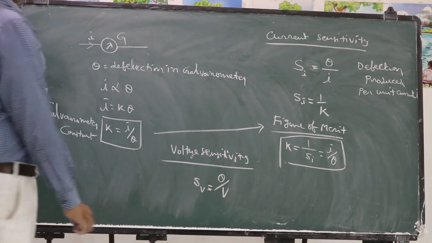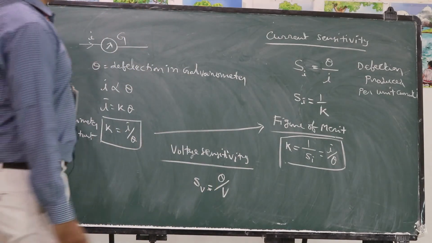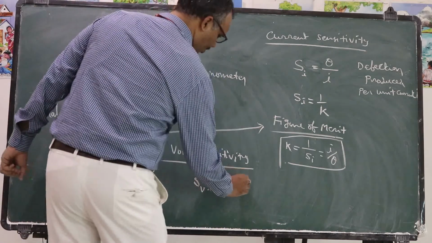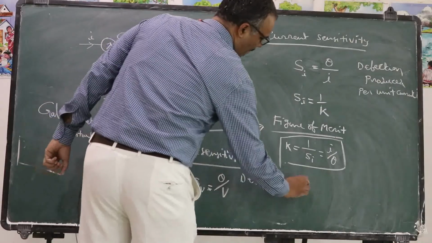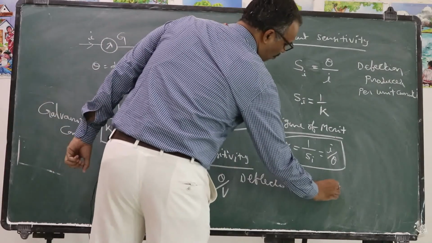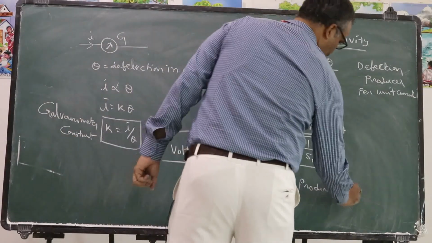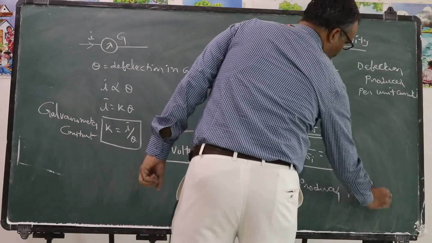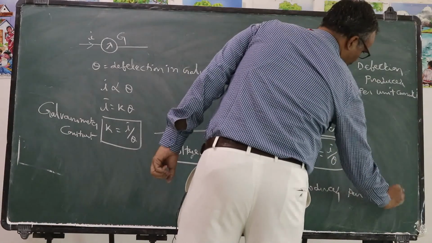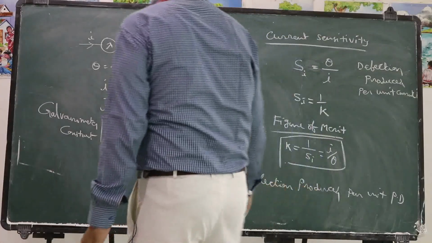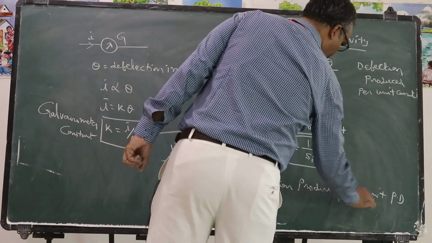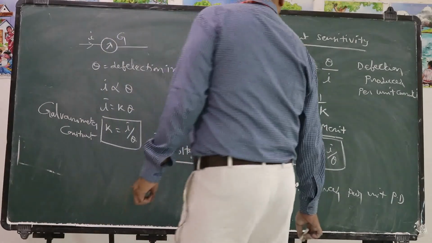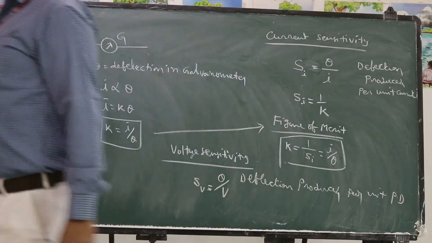Voltage sensitivity is theta by V. Deflection produced per unit potential difference. This is called voltage sensitivity.